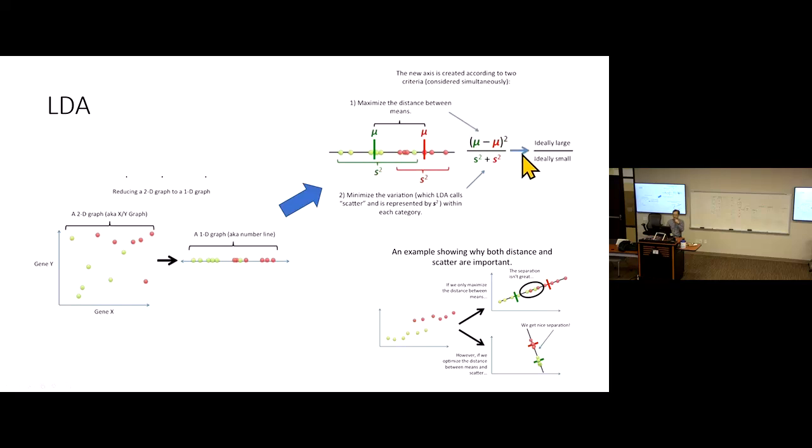So you end up with this particular expression, and you want to maximize the whole expression. Maximizing this means the difference between them will be maximized, and the within-group variation will be small. In this example, you will have a big separation between the red and the green group.